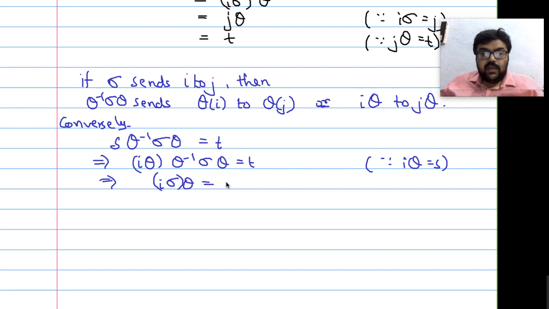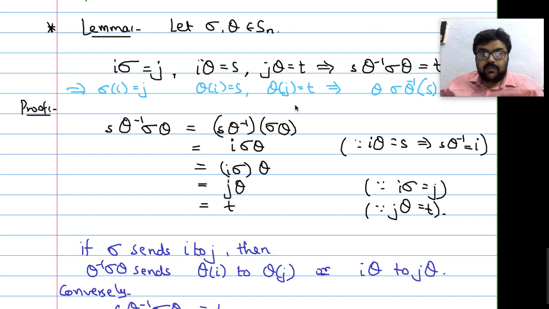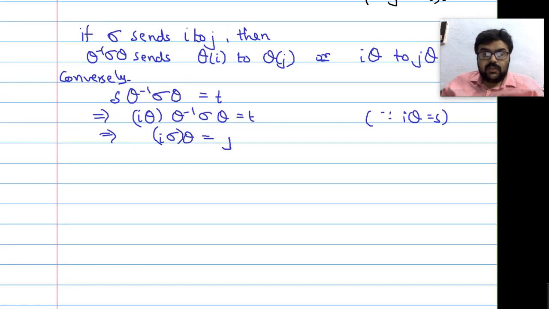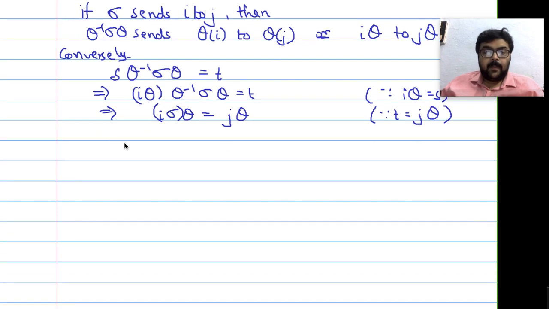What is t? T is nothing but theta j. So this is j theta. So since t equals j theta, and since theta is 1-1, they are all permutations, 1-1 functions, that means sigma I equals j, since theta is 1-1.